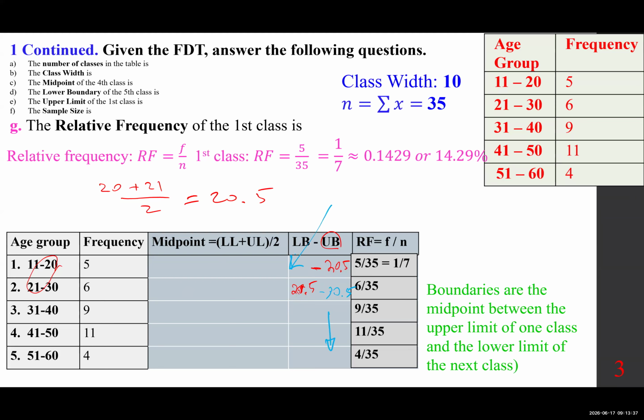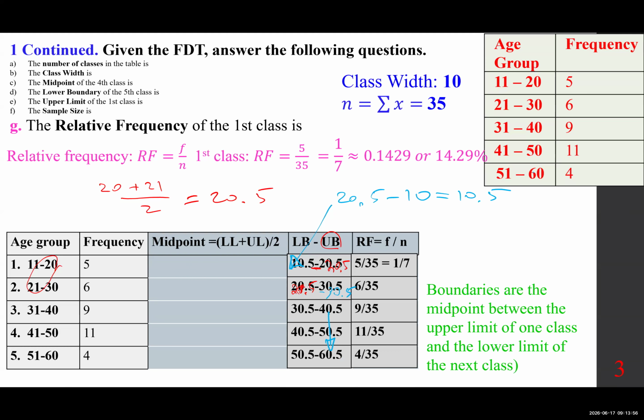What about this one? 20.5 minus 10. So it's 10.5. So that's very easy. I just wanted to mention how the boundaries are found. Fairly nice and easy. These are the answers. Let me erase my work.